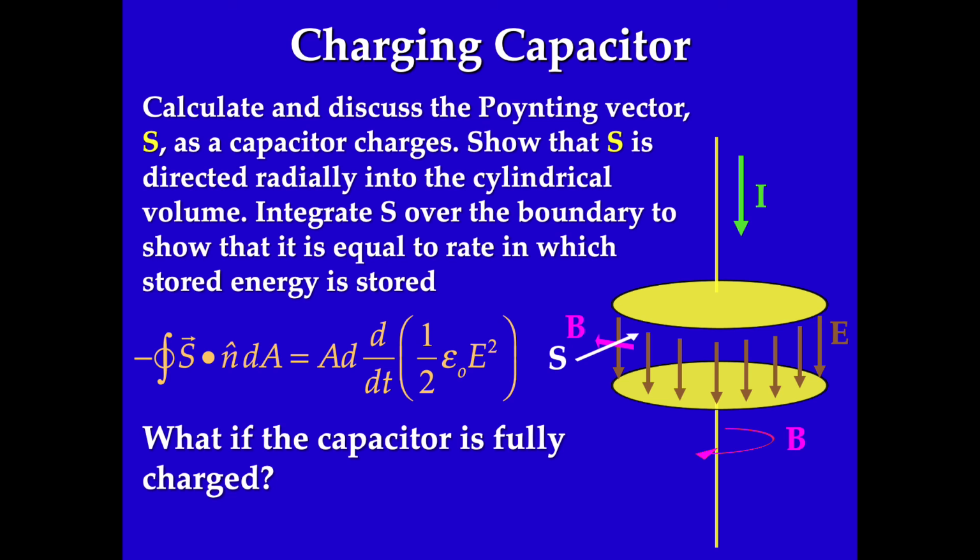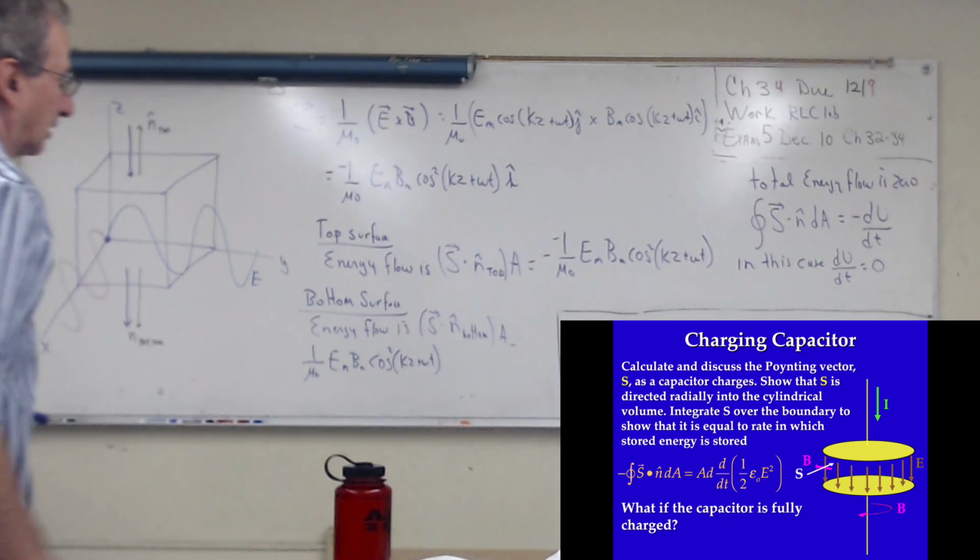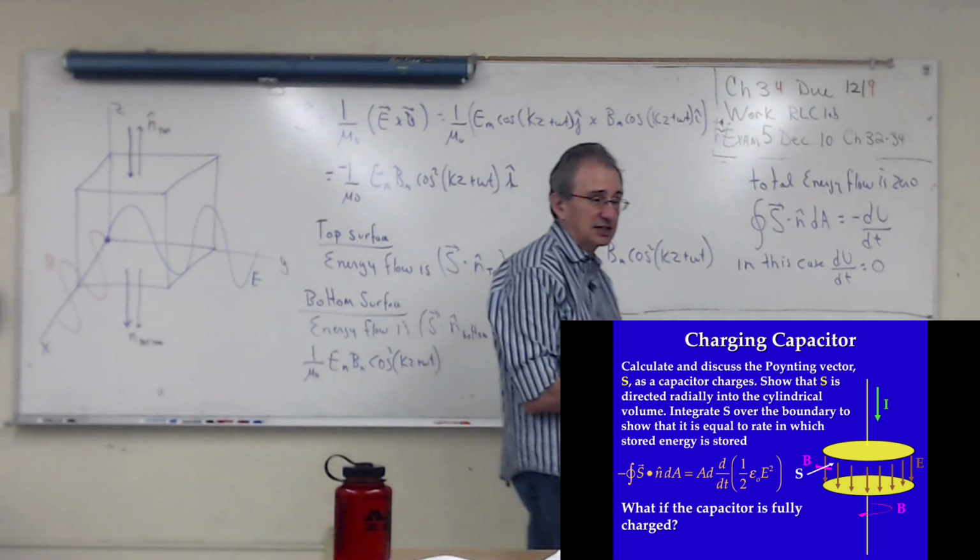My goal in this problem was to show you that the rate at which energy is gained is equal to basically dU/dt. I was actually going to show you explicitly, but I couldn't because of time. A couple of things about that capacitor problem.